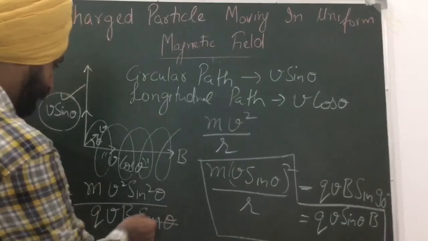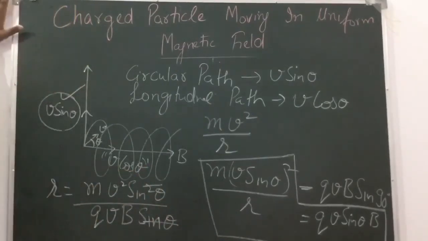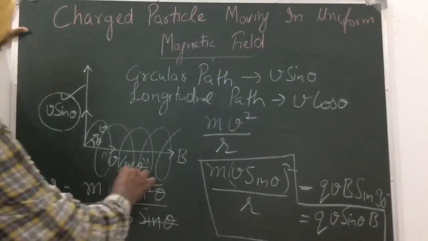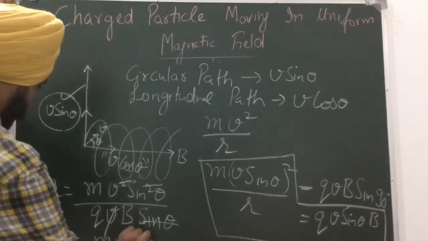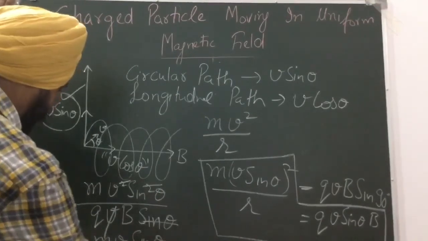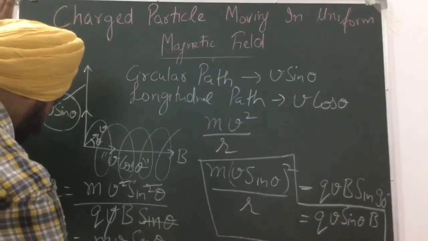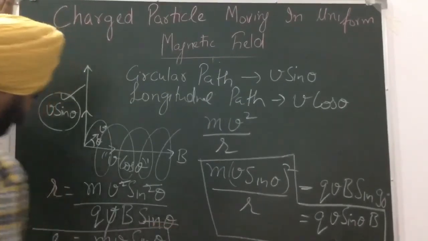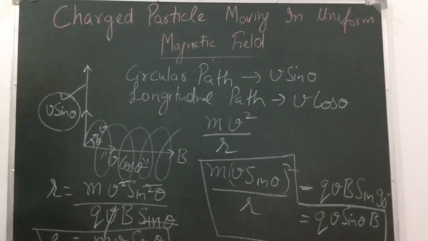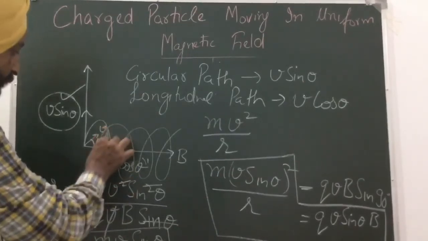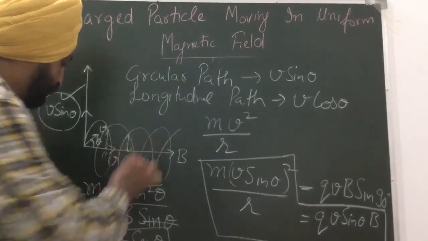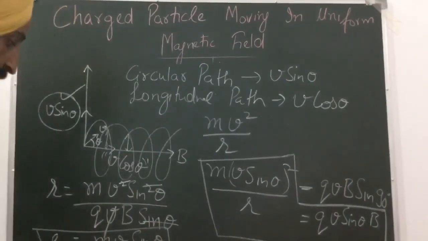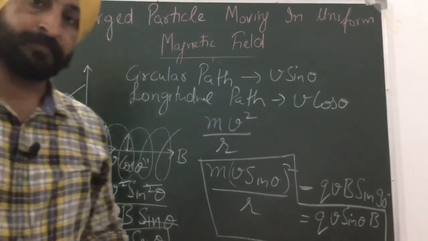So this sin theta and this square will get cancelled, this velocity and this square will get cancelled. So the radius would be equal to m v sin theta by qB. So this is the expression for the radius of this circular path. The radius of this circular path will be given by m v sin theta by q into B.